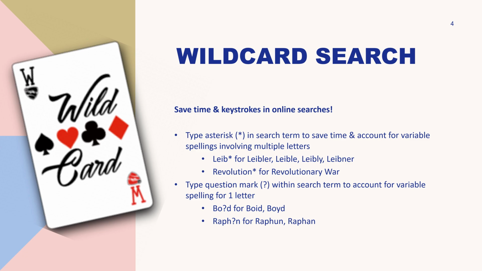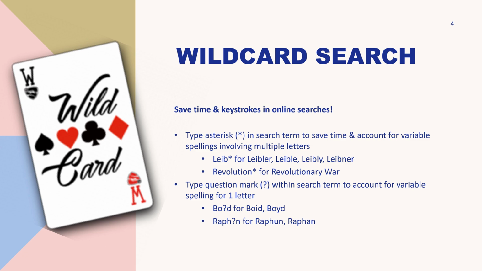I'd like to give credit to Deb Dway for this wildcard tip. Particularly in the 1800s, surnames had variable spellings that could sometimes be challenging when looking up old records and publications. Also, sometimes surnames were misspelled or surname spellings were intentionally changed. Some people find it helpful to type an asterisk within a search term to account for variable spellings involving multiple letters.